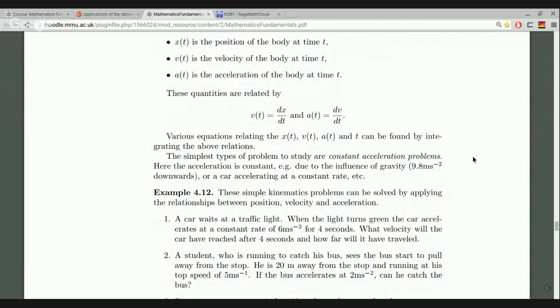I can't remember all these equations, and I wouldn't recommend memorizing them. What I'd recommend memorizing is just this basic principle, that acceleration is the derivative of velocity, velocity is the derivative of position, and everything else you can derive on the fly from that.